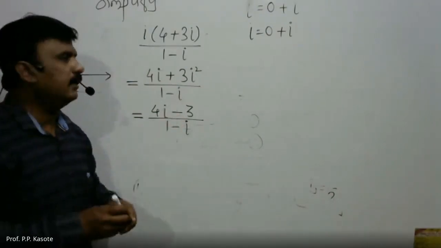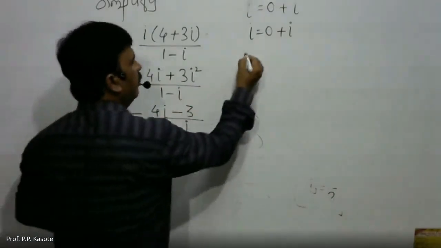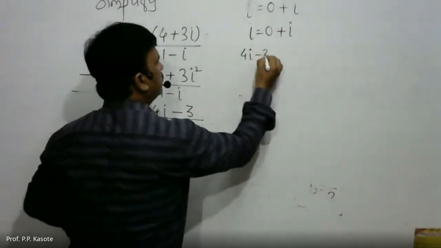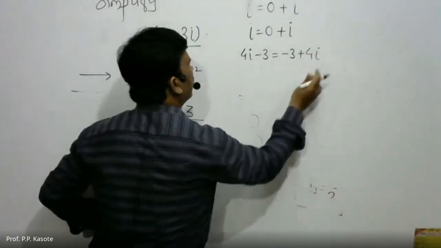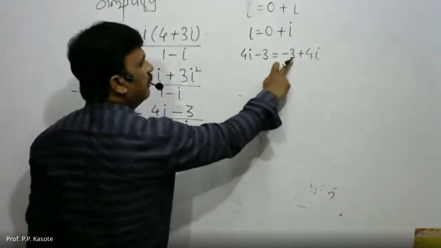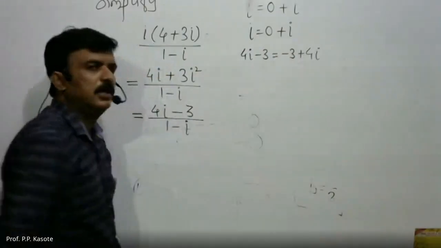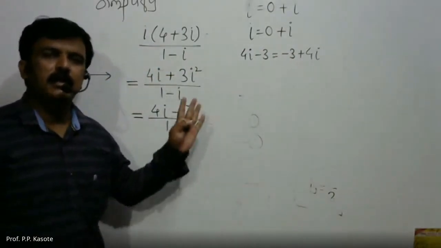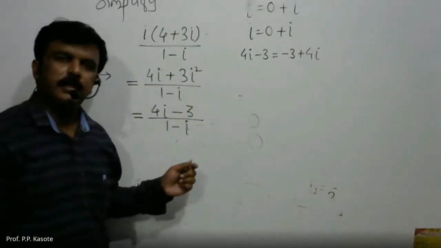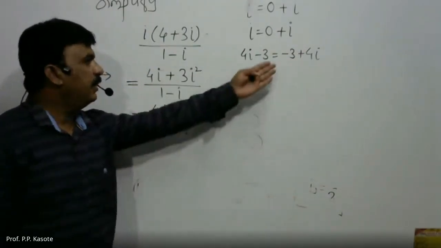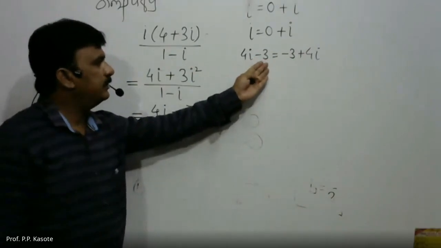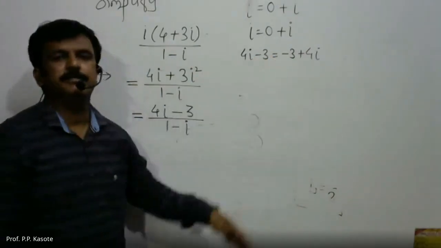If we rewrite it properly, 4i minus 3, I can write it as minus 3 plus 4i. So now it's a complex number. Real part is minus 3 and imaginary part is 4. It means that if we rewrite the numerator, then we will be able to see something in the form of a plus ib. Here we have written 4i minus 3 as minus 3 plus 4i.